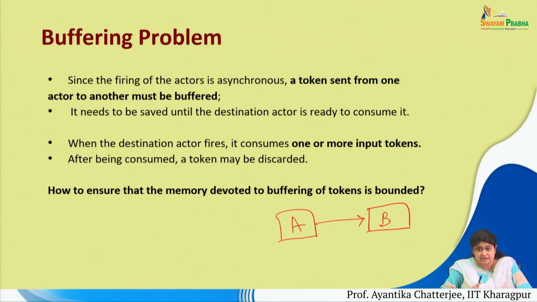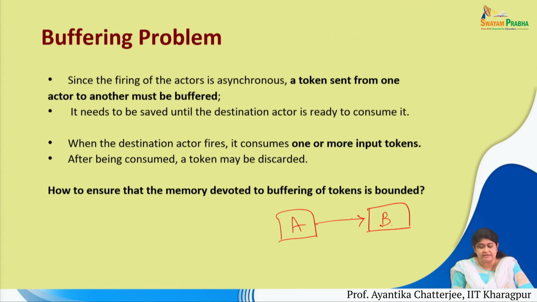But there are two requirements. First of all, whenever A is firing, there is no guarantee B is also consuming at the same time. Another thing is that there is no guarantee B consumes at the same rate as the amount of output A is generating.